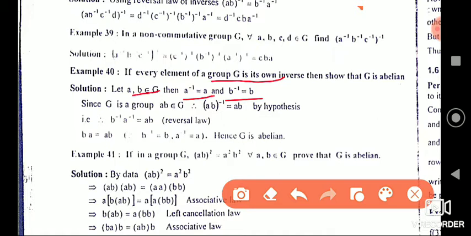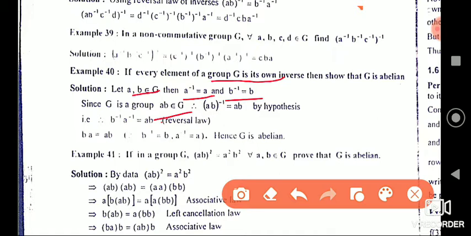That is, take A and B, then AB belongs to G. The binary operation we have taken as multiplication. They did not mention it, but you can use A star B, that is a better one, because we don't know what the binary operation is.